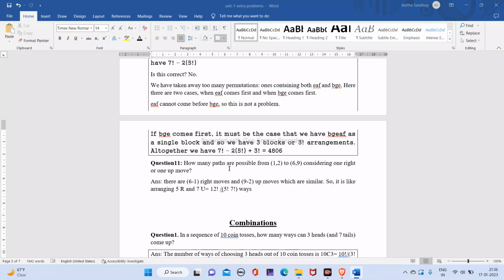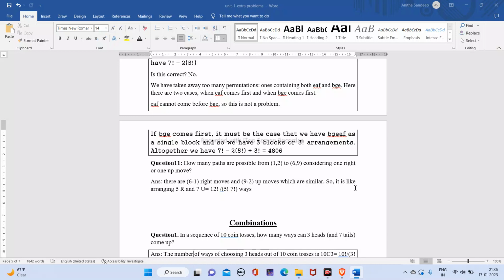Next is how many paths are possible from (1, 2) to (6, 9), considering one right or one up move. So you are right now in the coordinate system, the first quadrant, at the location (1, 2), and you have to reach (6, 9). Considering each move as one right move or one up move, how many paths are possible? So here there are 6 minus 1, that is 5 right moves, and 9 minus 2, that is 7 up moves.